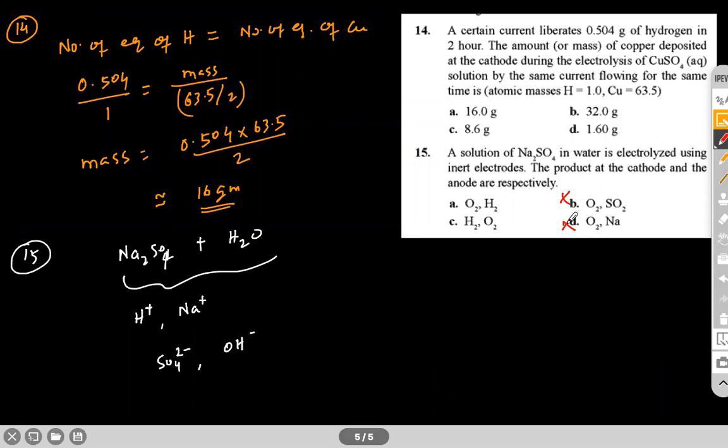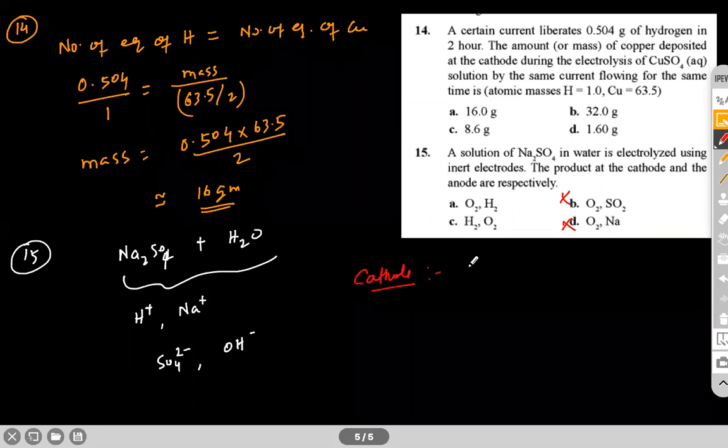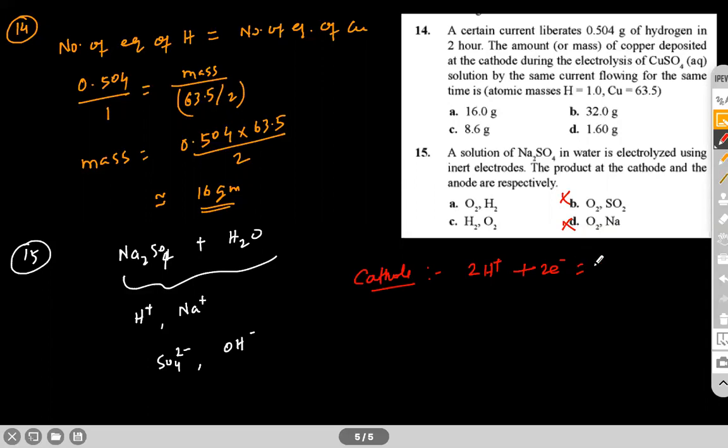Solution of this in water is electrolyzed using inert electrode. So what happens here at cathode? 2H plus plus 2 electron converts into H2 gas. This happens. At anode, we have two possible cases here.